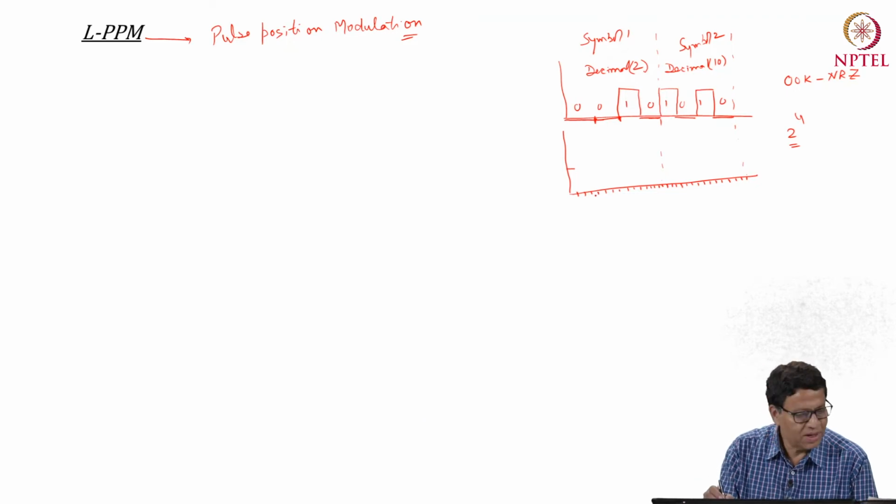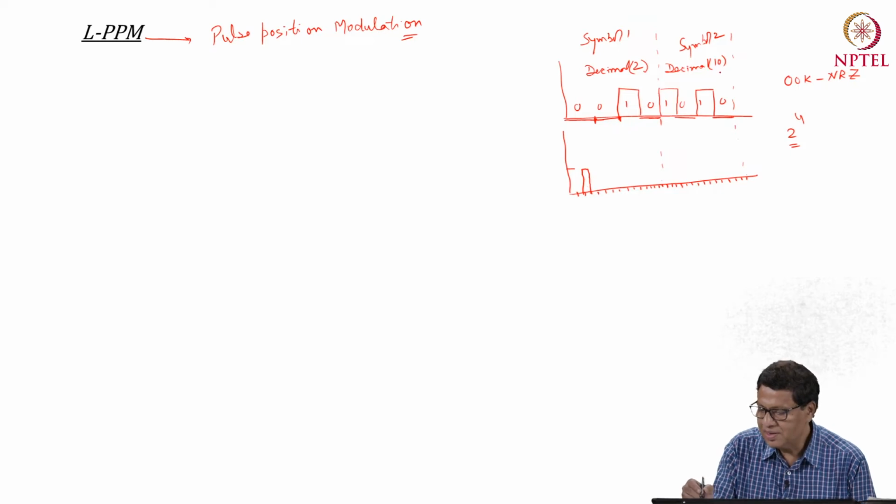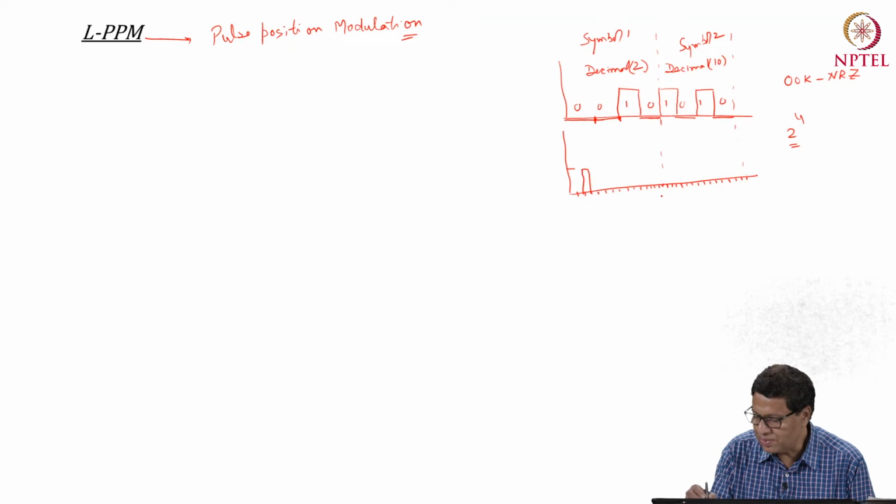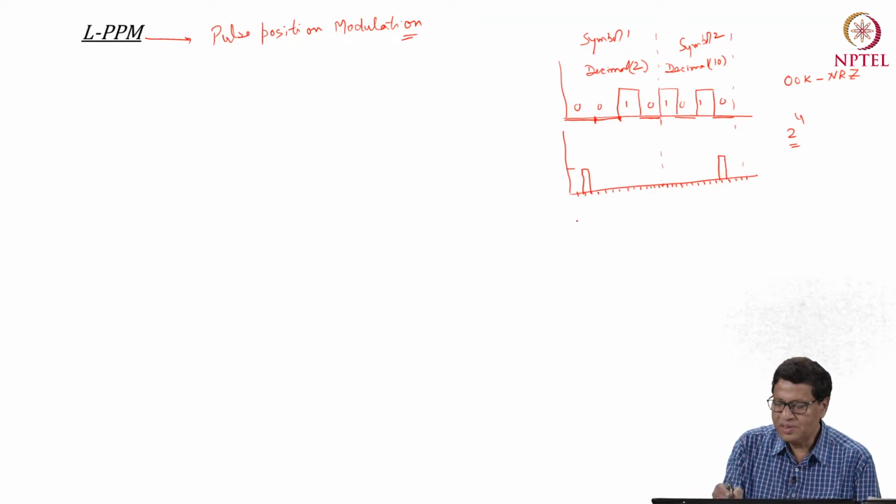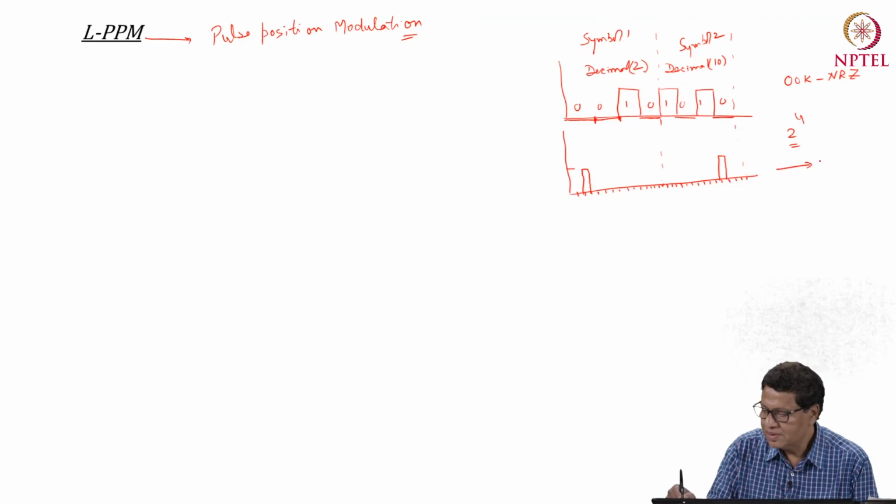So decimal 2, that means I'll be sending a pulse after 2. So 1, 2. So I'll be sending a pulse here of this duration. And similarly, this is decimal 10. So I'll be sending from here the 10th pulse: 1, 2, 3, 4, 5, 6, 7, 8, 9, 10. So I'll be sending this pulse here.